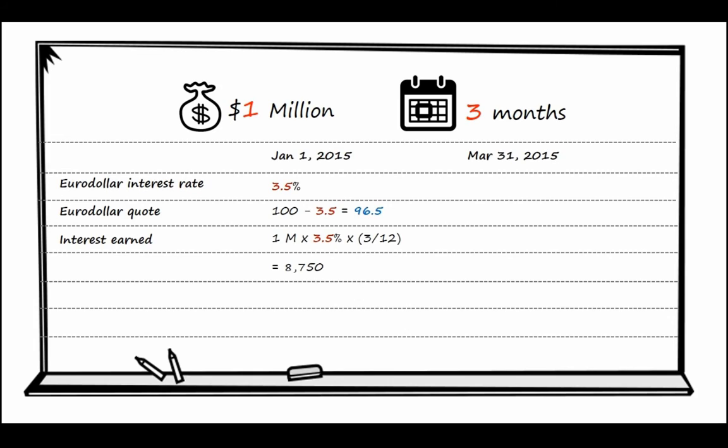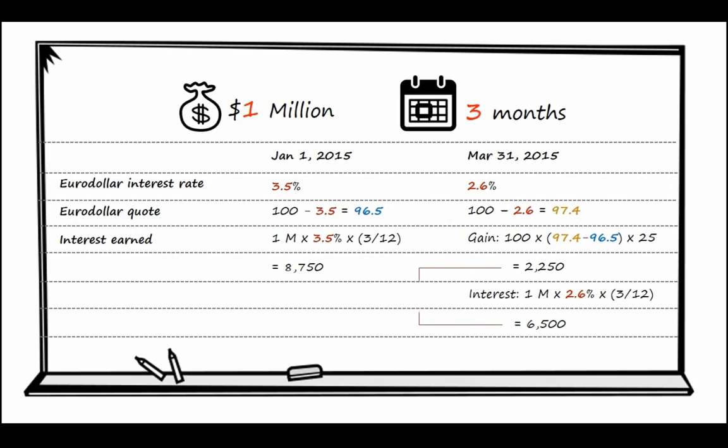On March 31st, the Euro-Dollar rate is 2.6%. So, the settlement price will be 100 minus 2.6, which is equal to 97.4. Therefore, the investor gains 2,250 on the contract, and 6,500 on the 3-month investment. The gain brings this up to 8,750.